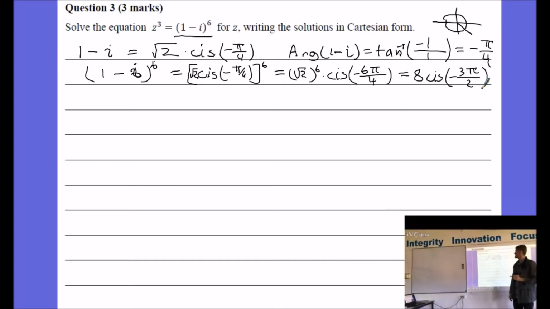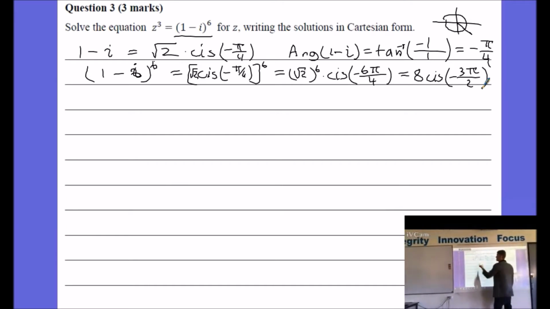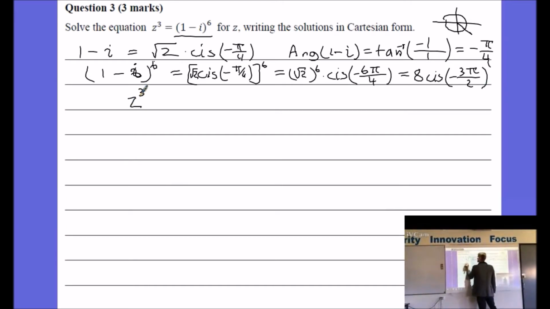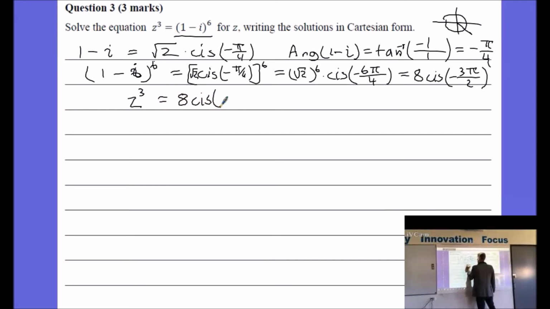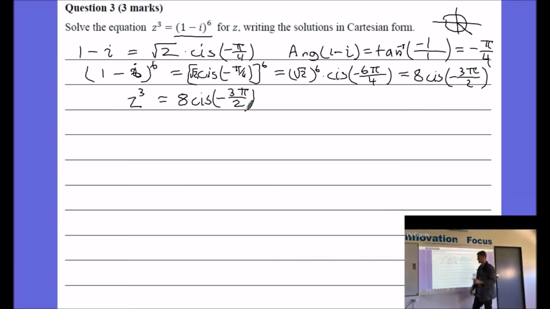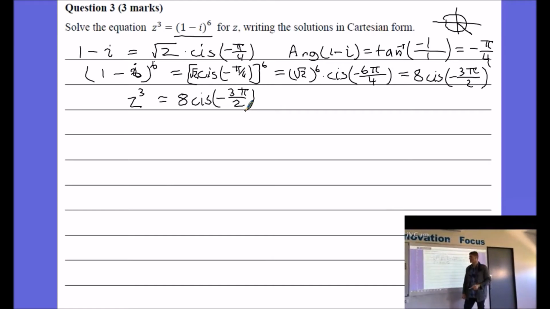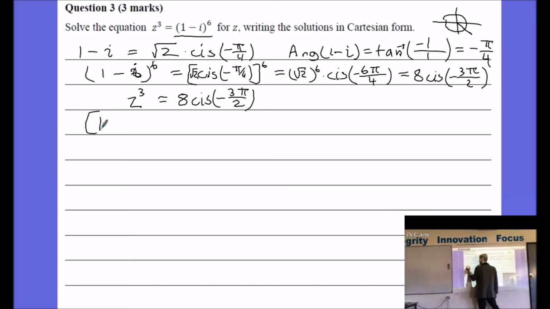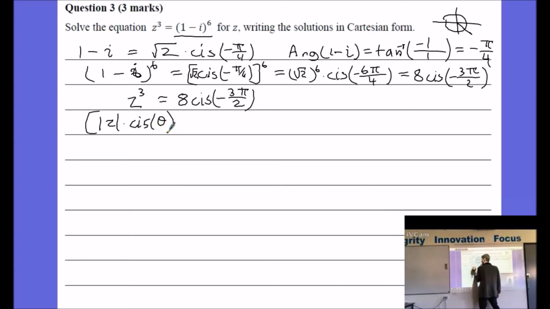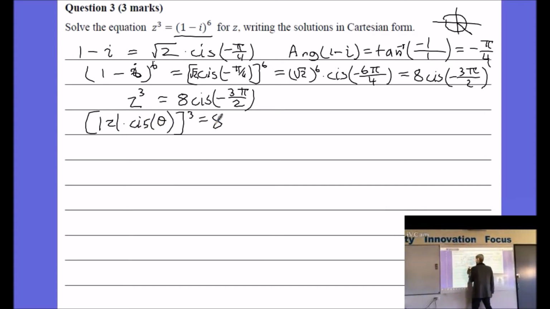Okay, now from that, let's set up our complex polynomial equation we're trying to solve. So z cubed is going to be the same as this 8 cis of minus 3 pi on 2. Now, to be able to compare parts of these complex numbers, we want the left-hand side to also be expressed in a polar form. So we've got the modulus of z, cis of the argument of z, to the power of 3, is equal to the right-hand side.